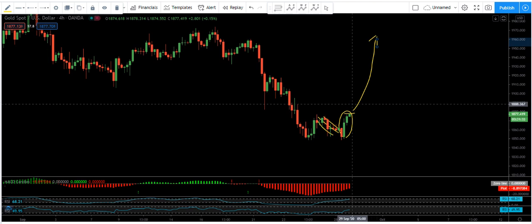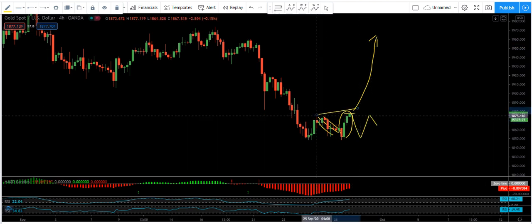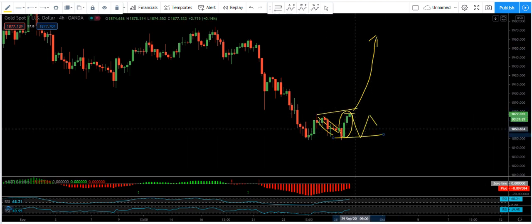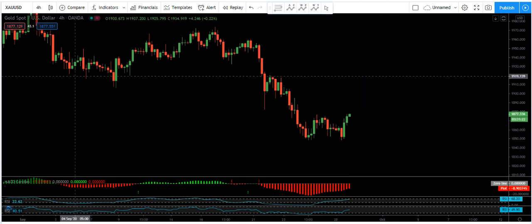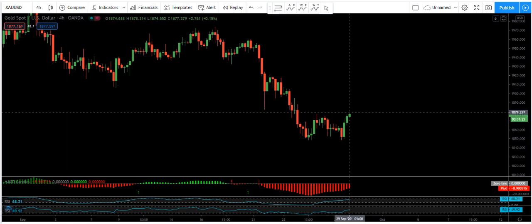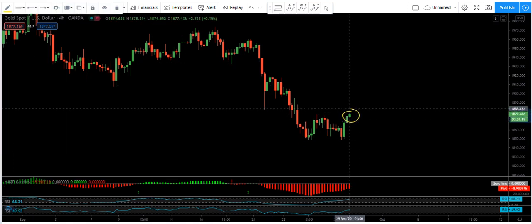But if we get a deeper correction, at least they can protect their trades. If the next day they see the continuation, they keep. If they see the reversal, they protect their trade.